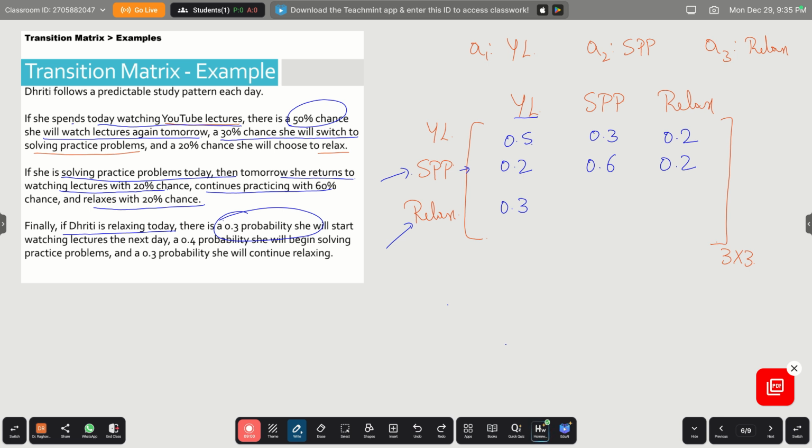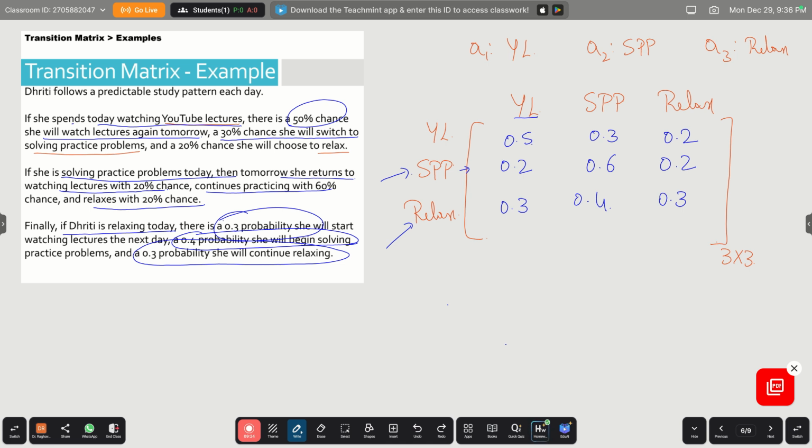And 0.4 is the probability she will solve the practice problems. And 0.3 is the probability she will continue relaxing. Today she has relaxed, tomorrow also she might relax again, with the probability 0.3. So this is the transition matrix.